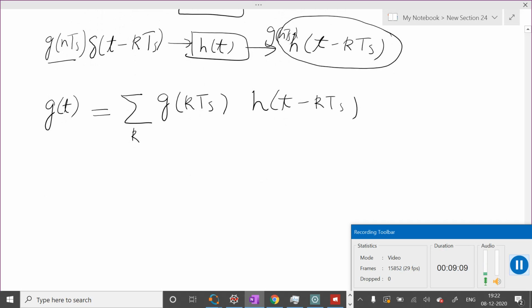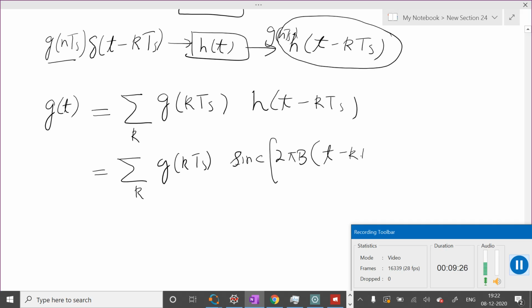Okay, now this is g of the kth sample, and h of t is the sinc function, so h of t minus kTs will be sinc of 2 pi B times t minus kTs.